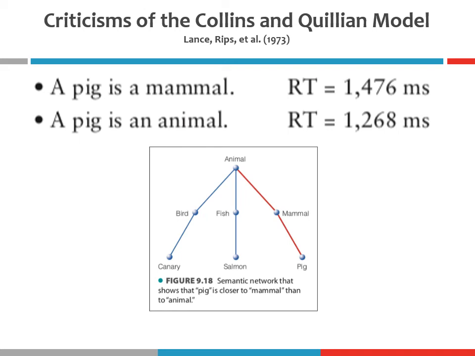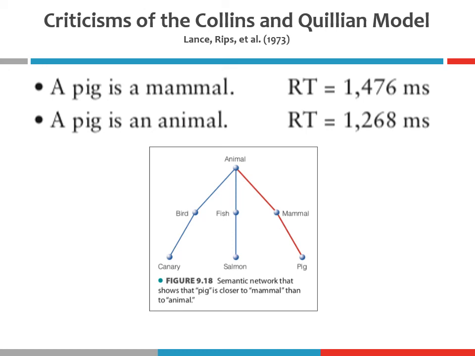And unfortunately, the semantic activation model, or Collins and Quillian's model, doesn't really explain that very well. So again, according to the semantic activation model, we should be fastest at categorization when the new object that we're trying to categorize is closest to a particular node, right?